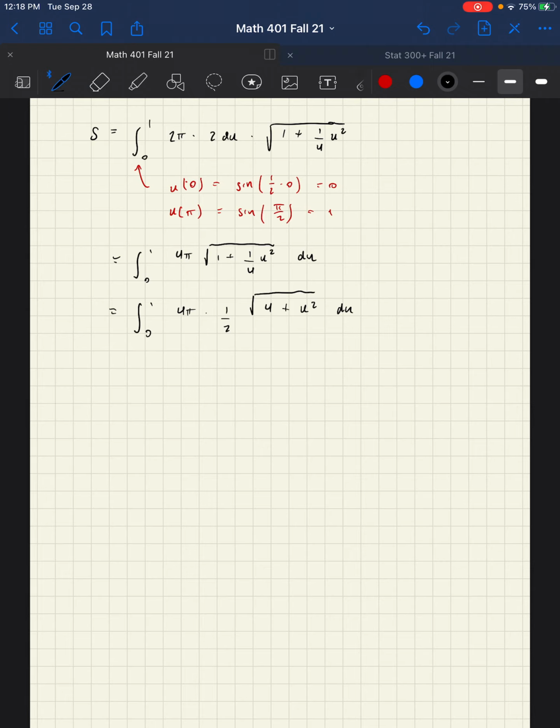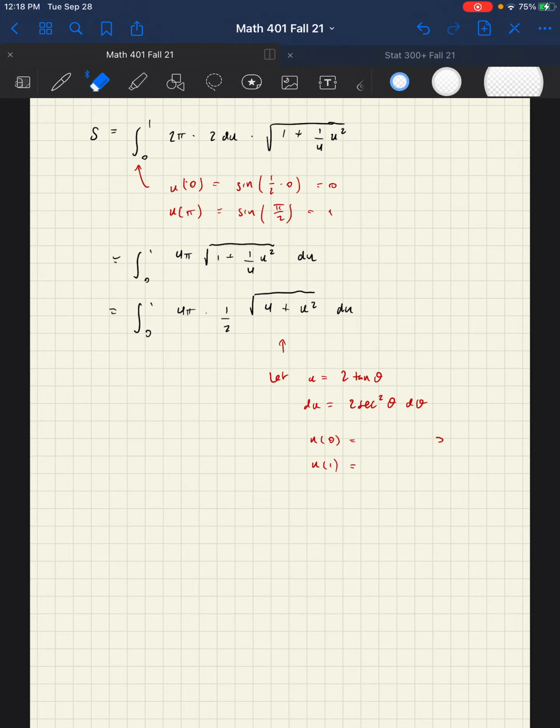And that we can work with because now we can perform a trigonometric substitution. We know that whenever we have something of the form a squared plus x squared, in this case a squared plus u squared, we can let u equal 2 tangent theta, which leaves du equals 2 secant squared theta d theta.